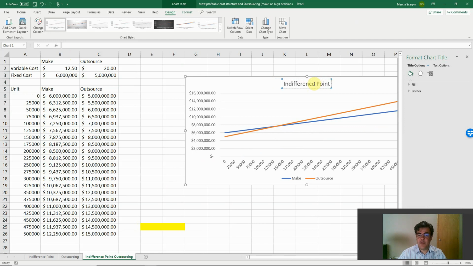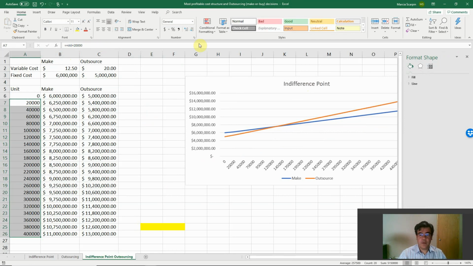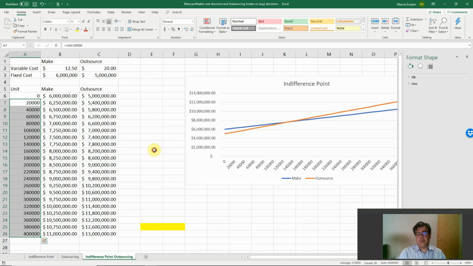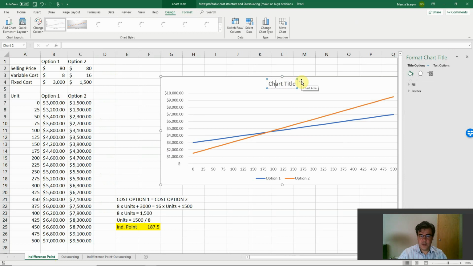Now you will have a very beautiful Excel file. And here, instead of 25,000, 20. Oh, it's better. Oh, and let's change it here as well. Indifference point. Cool.